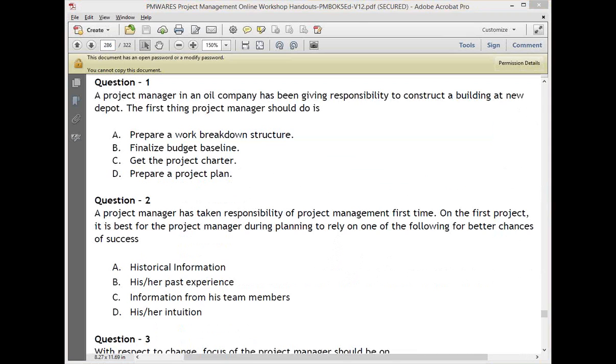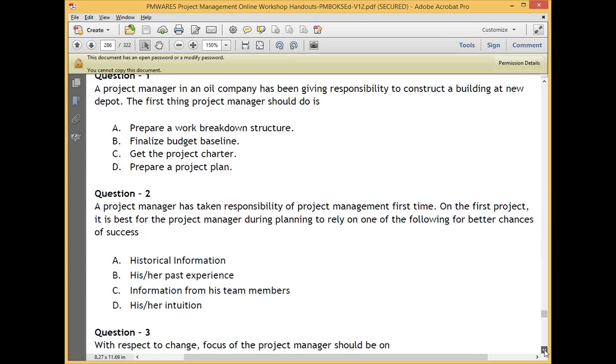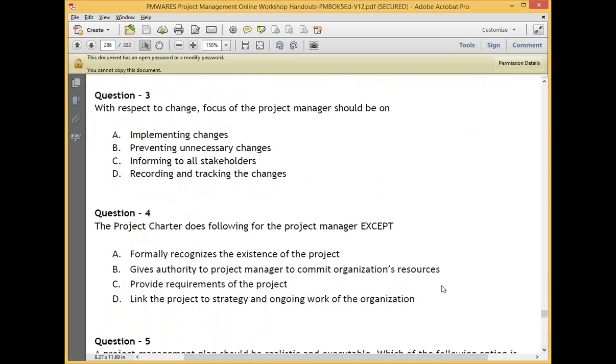Question number 3. B. Amitabh, you too B. C. Okay. So let's see this.